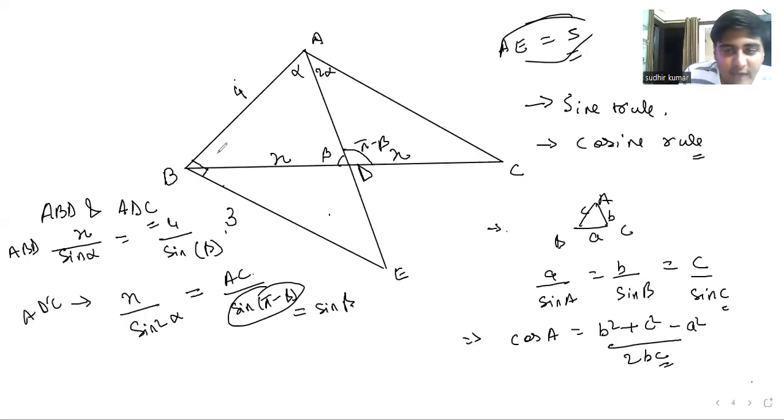So if we see in triangle ABC, if we get AC, we can simply get BC square by applying the cosine rule.